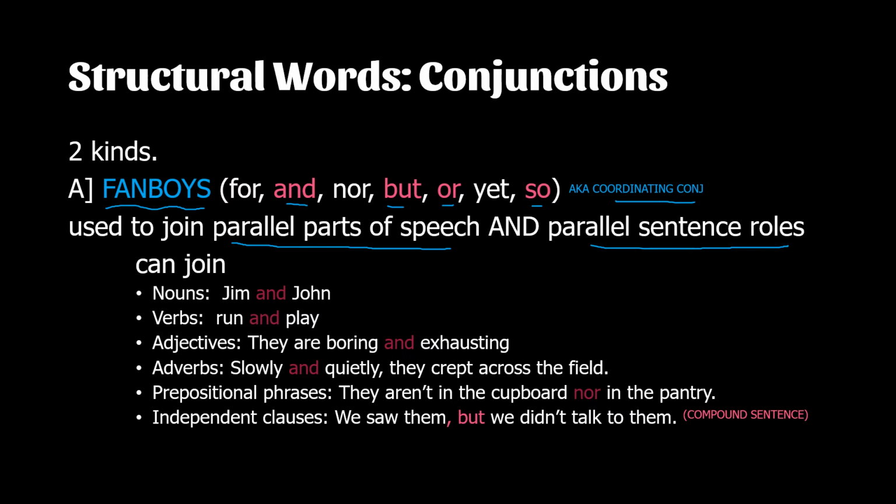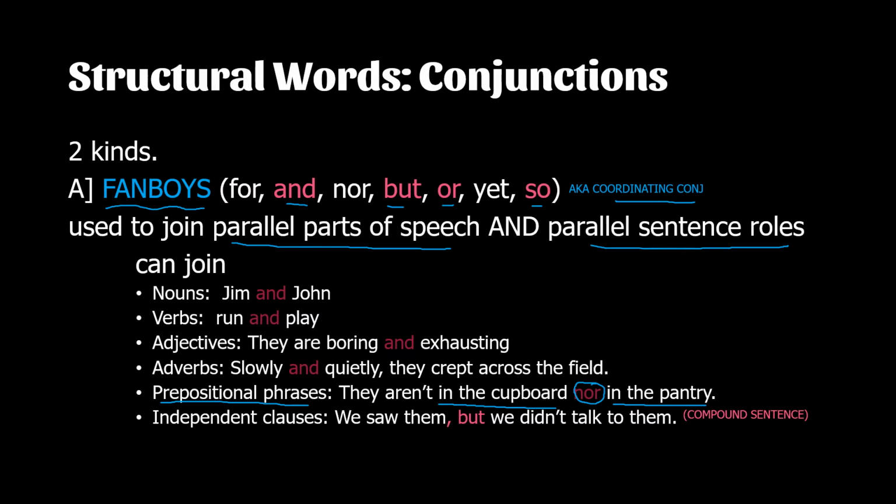Then you can use prepositional phrases and put two of them together, also using coordinating conjunctions. So here I have an example. In the cupboard and in the pantry are both prepositional phrases. So they are joined with the coordinating conjunction nor. They aren't in the cupboard nor in the pantry.